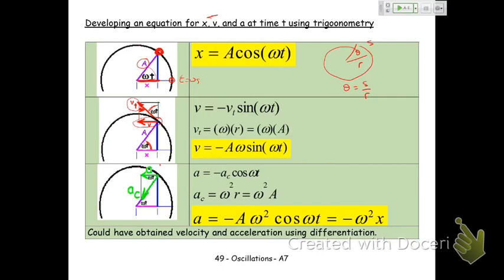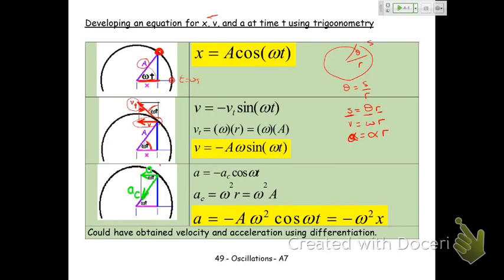And then what I learned was S is equal to theta R. The linear bit, which is the chord around the edge, is equal to the angular bit, the theta, times the radius. So by analogy, I can say v is equal to omega R, and a, the linear acceleration, is equal to alpha R, where alpha is the angular acceleration.